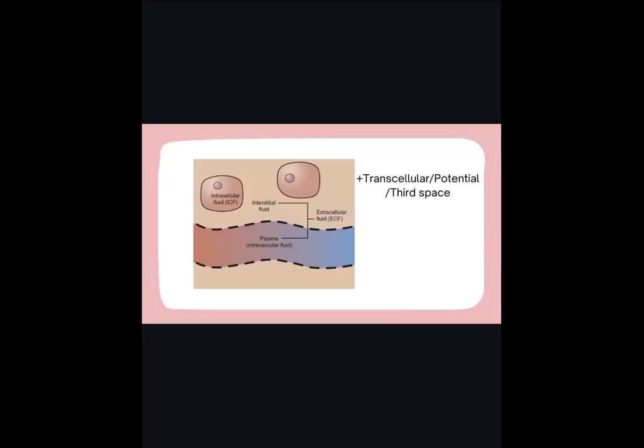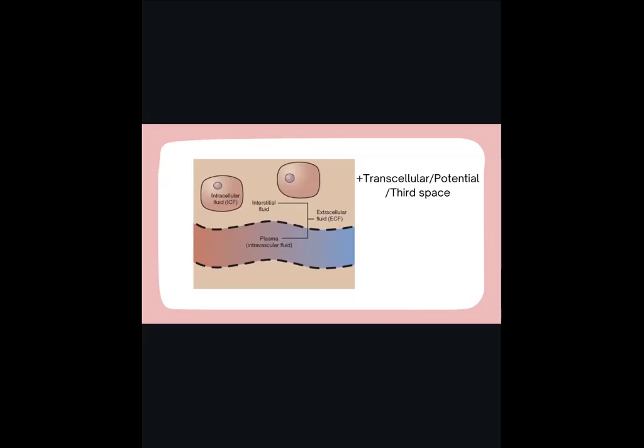Water is typically about 55 to 60% of total body weight. This fluid is continuously being exchanged between the intravascular space, the plasma, and the interstitial space by hydrostatic pressure, which is push pressure, and oncotic pressure, which is pull pressure. The oncotic pressure is kind of like that osmotic pressure, pulling that fluid.